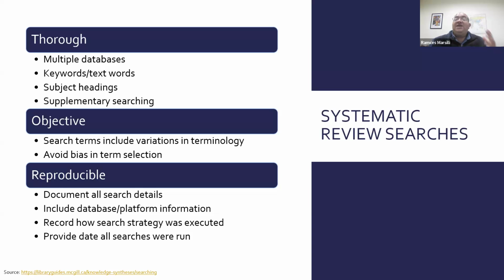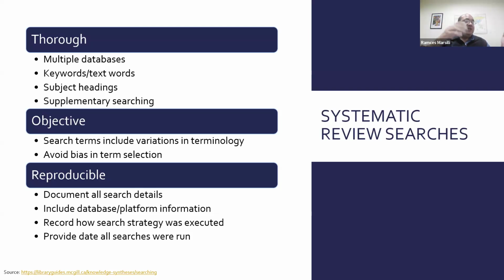By objective, we mean we're going to use search terms that include variations in terminology, and we're going to do all that we can to avoid bias in the term selection. By reproducible, we mean that the search string that we build should be able to just be copied and pasted by anybody else, in this case, the review committee, into those databases, and the results should be reproducible.